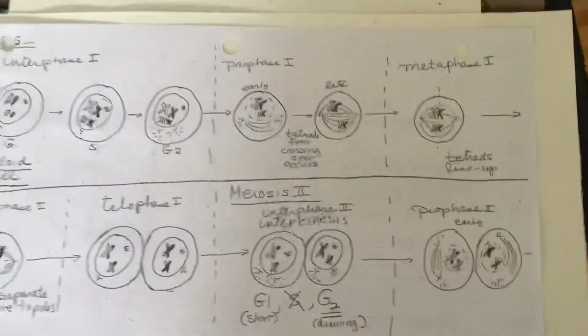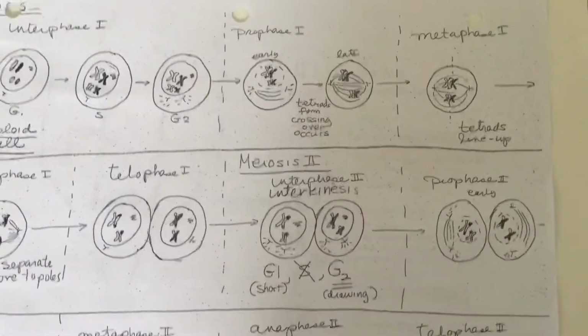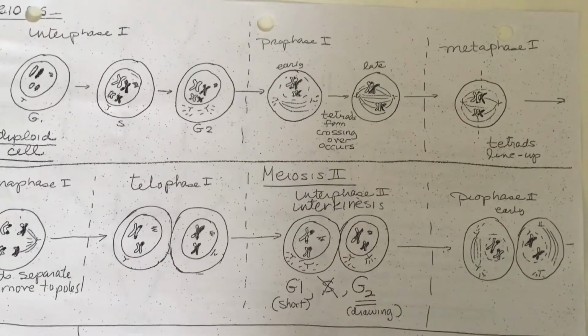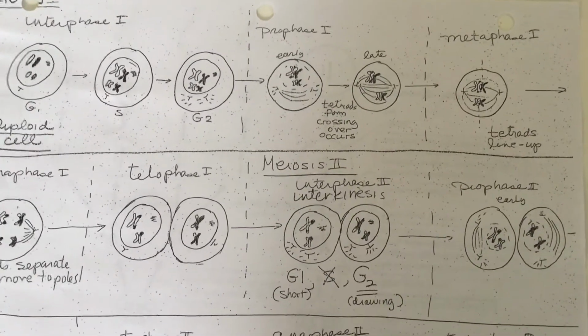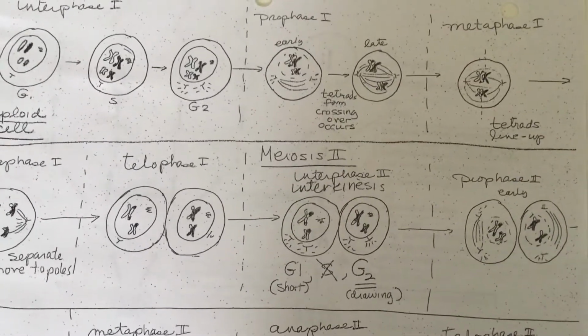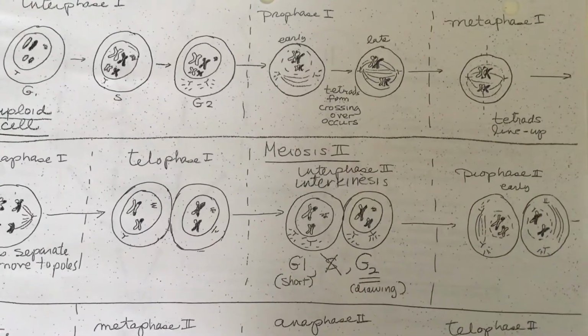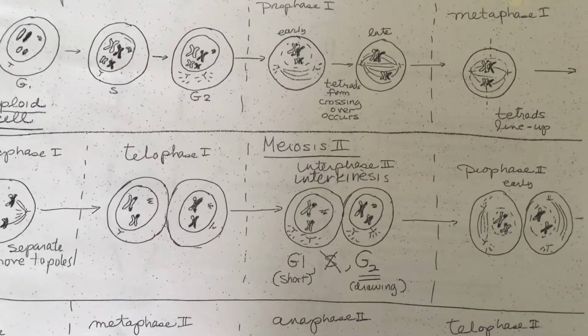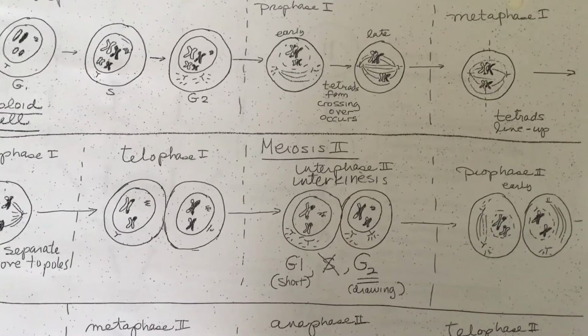Now, meiosis 2, as stated before, we don't really have much of a G1. It's very, very short. That is, the cell may recoup some energy loss, like make more ATP, for example, or something like that. But basically, there's not much G1. There certainly is no synthesis because the cell does not replicate chromosomes again because it already did it the first time.